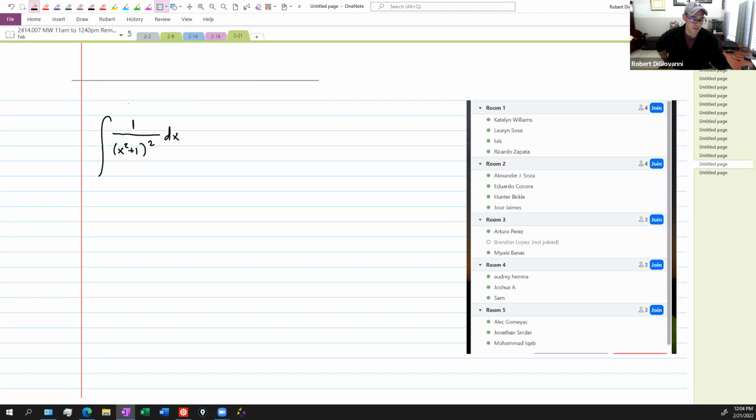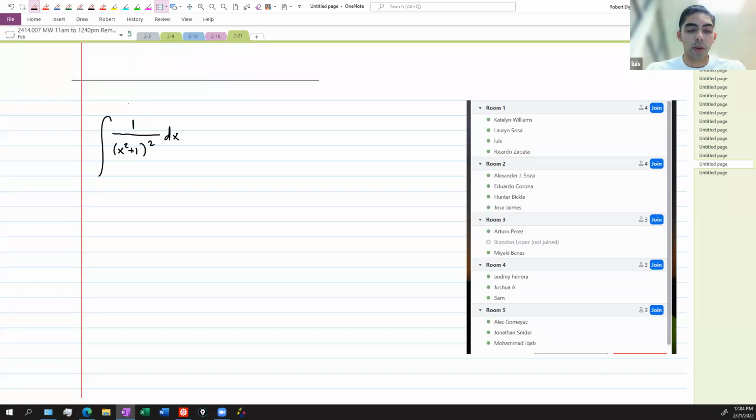You don't have a 2x. So the answer is, we're supposed to do the first step that Ricardo said, then multiply out x squared plus 1 times x squared plus 1, complete the square, and then insert our inverse tangent formula.